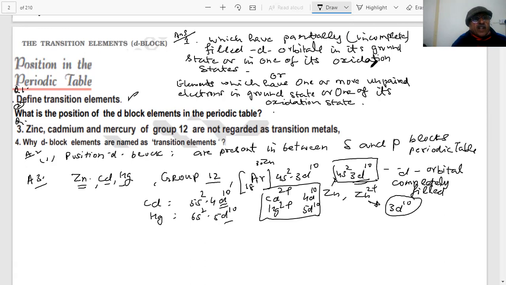Next question. Why are d block elements named as transition elements, students? What is your answer?